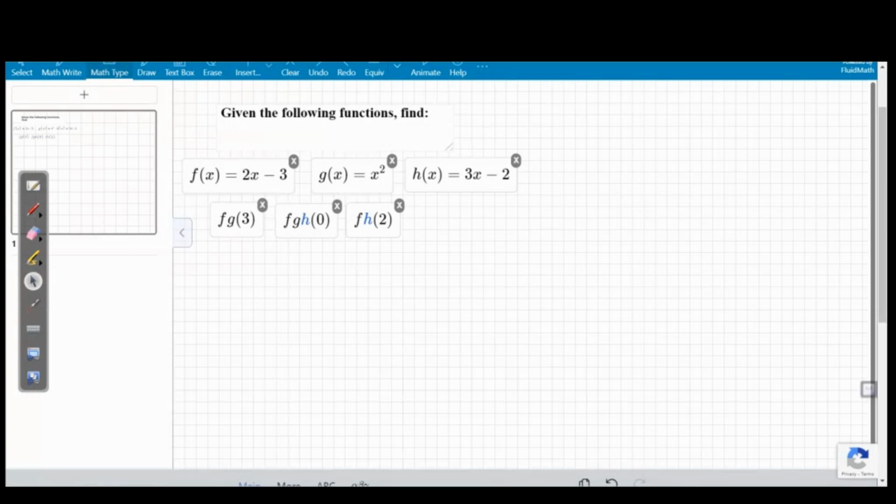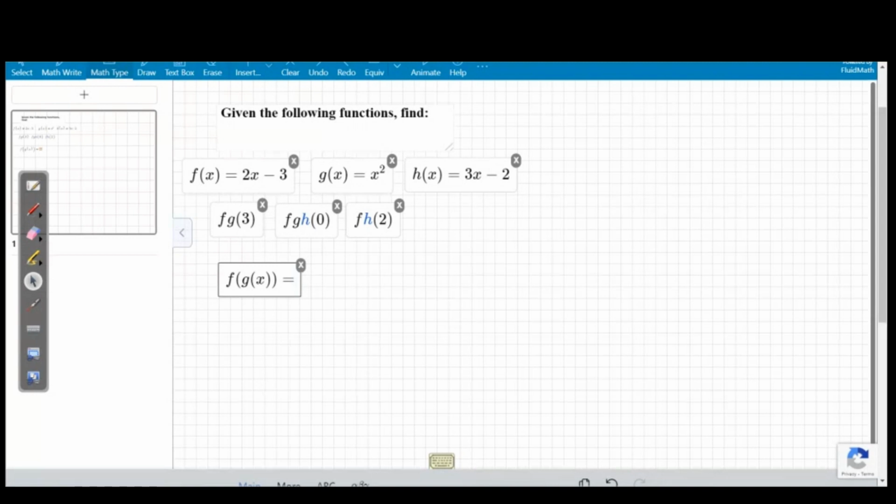Now the first thing we do is that for f of g, we have to plug in g of x into f of x before we can change the x to 3. So let's do that. f of g of x becomes, for f of x, we have 2x minus 3.